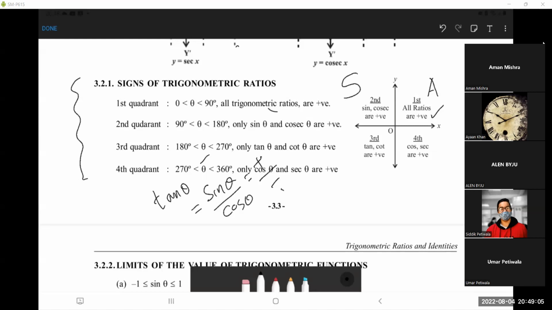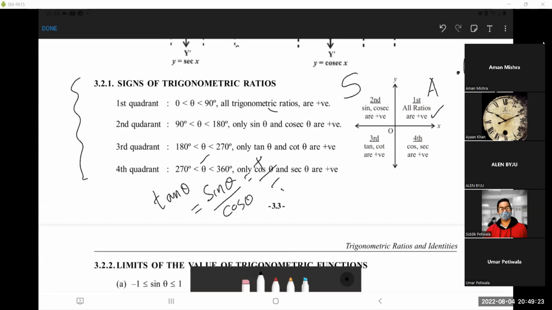Therefore, in the second quadrant, the reason I told you, right? Any coordinate system x comma y can be represented using trigonometric functions, where x represents cos theta and y represents sin theta.